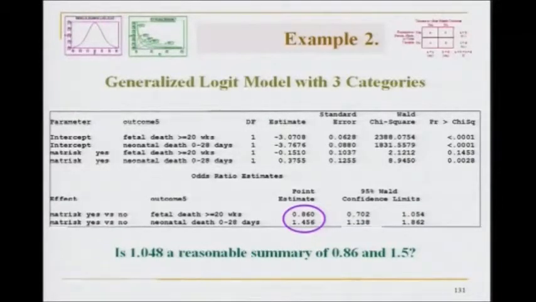And this one is the association between maternal medical risk and being a neonatal death, having all preterm birth, having a baby die in the first 28 days of life versus surviving. It's an example to get to this result. So this is what we got from the cumulative Logit model, the one summary odds ratio.